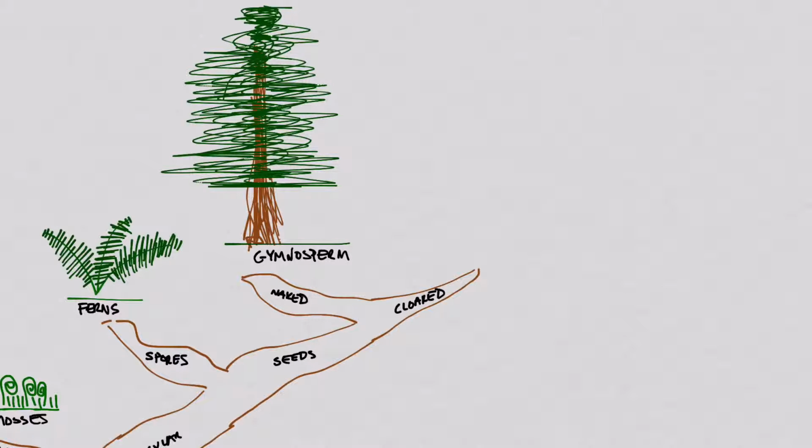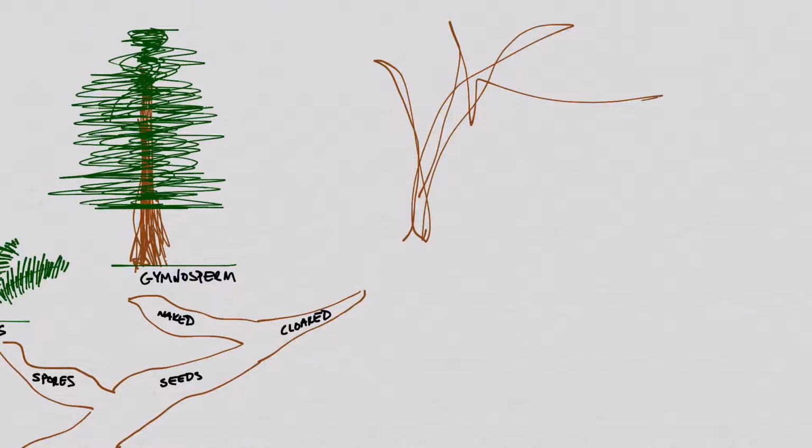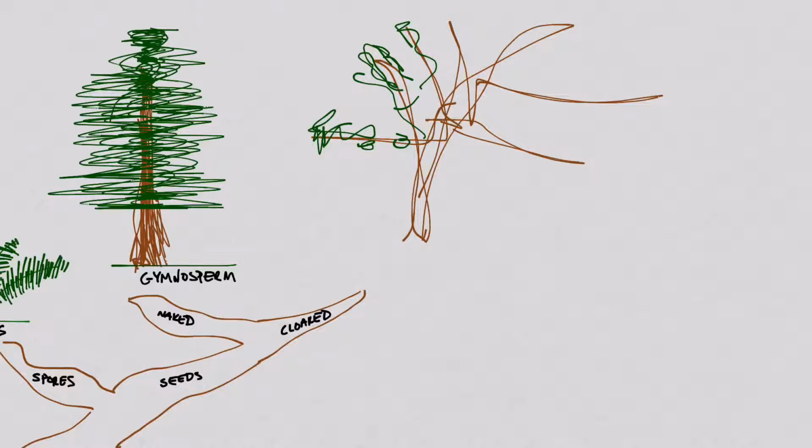Okay, so next is the cloaked seed group, and in that group are all flowering plants. So for example, the apple trees that are all flowering right now outside, those are all examples of angiosperms, or flowering. How do I show? This is terrible. This might be the worst picture I've ever drawn.